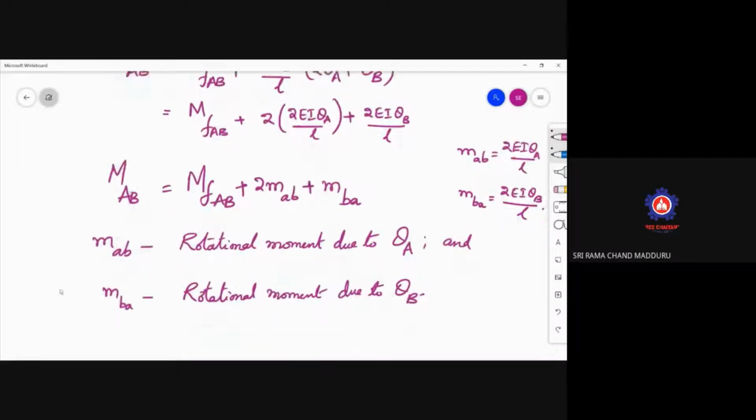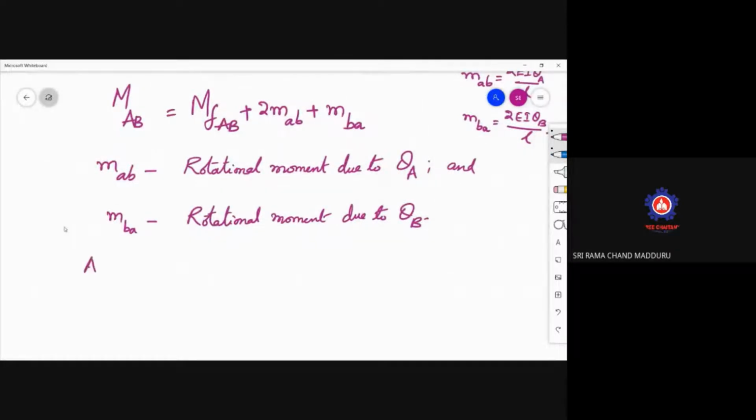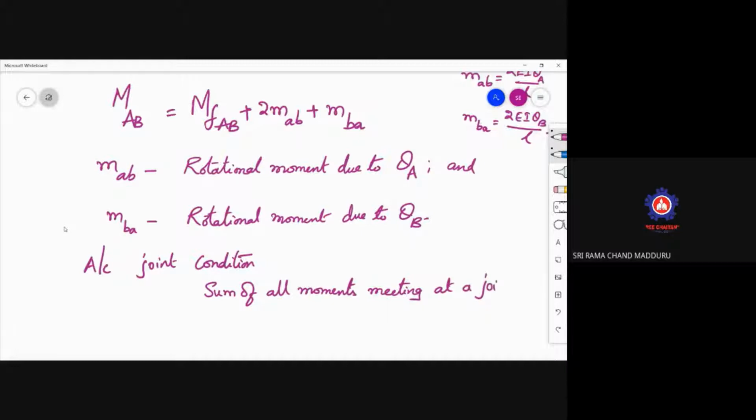Now, we know the joint condition. According to the joint condition, the summation of moments at a joint is equal to 0. The sum of all moments meeting at a joint is equal to 0. That means sigma M at A is equal to 0.